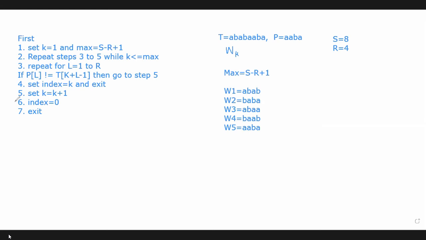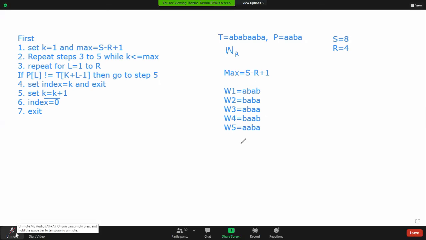Okay. Now step number 3, repeat for L equals to 1 to R, if P of L not equals to T of K plus L minus 1, then go to step 5, that is increase the index value, right? So what do we have to do now? After creating all those substrings, what is the next step?